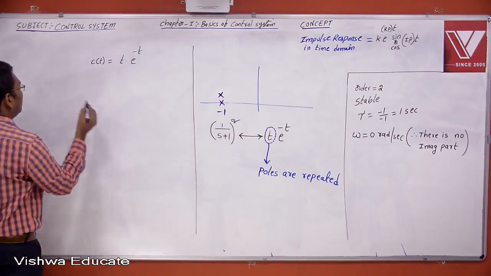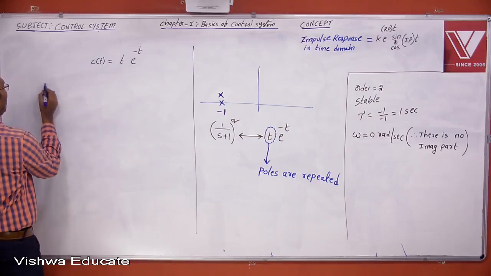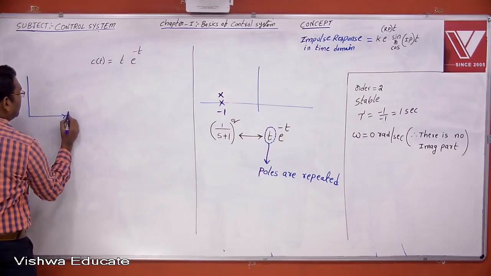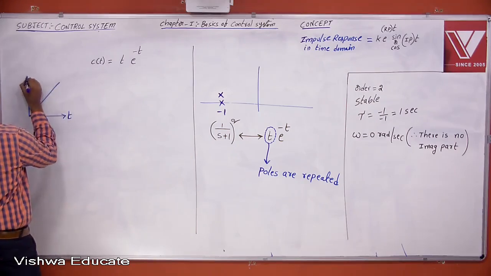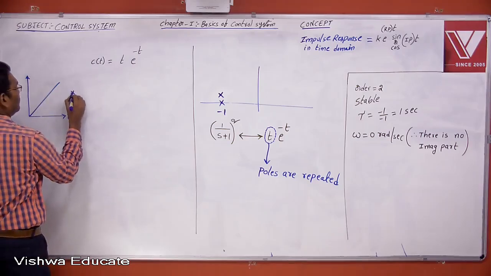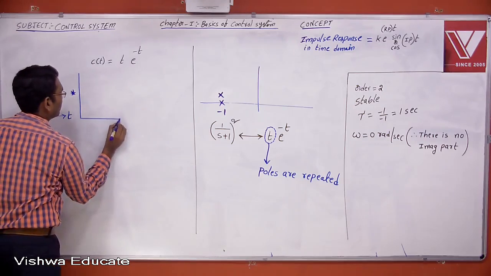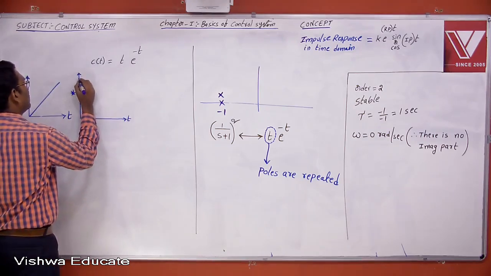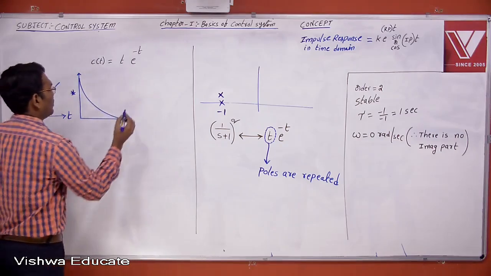Now you see here, now this is a ramp signal multiplied with exponentially decaying.